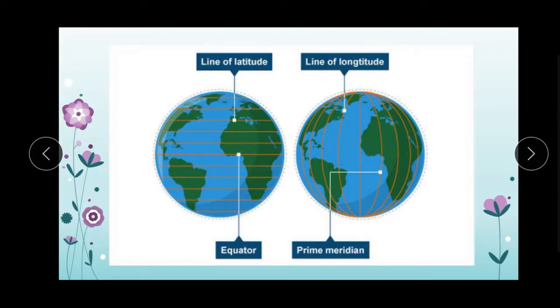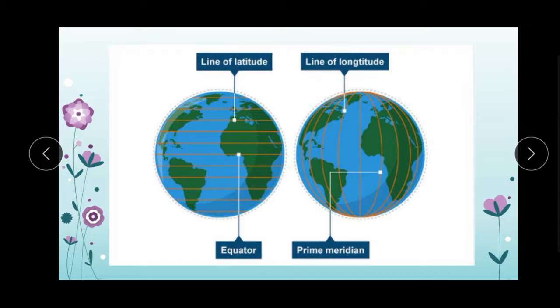We have seen latitude in the previous video, so just a quick revision. Look at the first globe. Can you locate the latitude here? Yes, this is latitude. Where is the equator? Yes, this is the equator, dividing the globe into two equal halves, the Northern Hemisphere and the Southern Hemisphere.